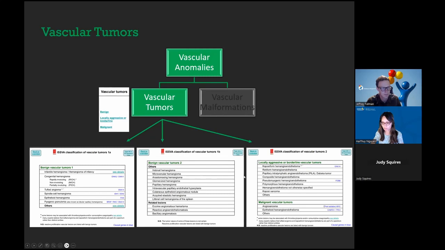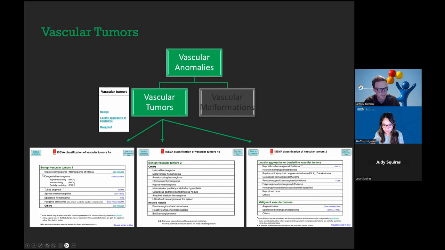Okay, so we'll start with the vascular tumors, which is probably the most common thing we see. They break vascular tumors into three categories: benign, locally aggressive or borderline, and malignant. There are three slides for these different types: the benign ones, which go on to a second page, then the locally aggressive, and finally the malignant.